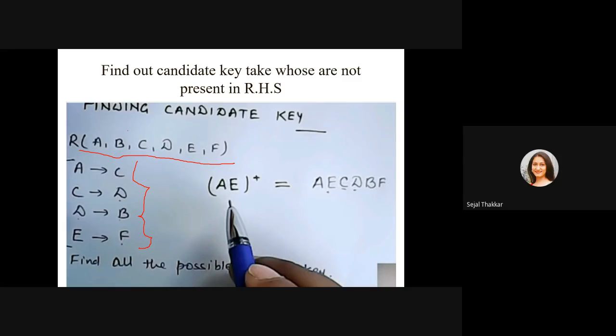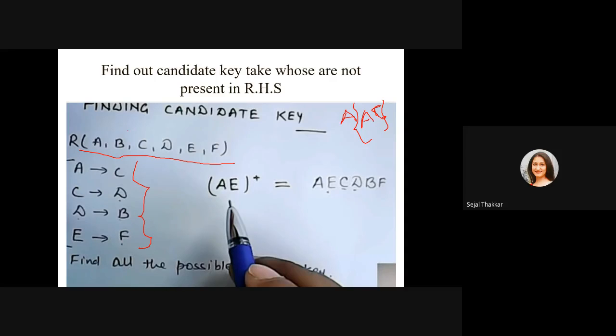Now, how do we find the candidate keys? We have to first find out the closure. What is the closure of A? Closure of A is A itself, and C. If I want to find the closure of A, then A and C will be the closure of A.